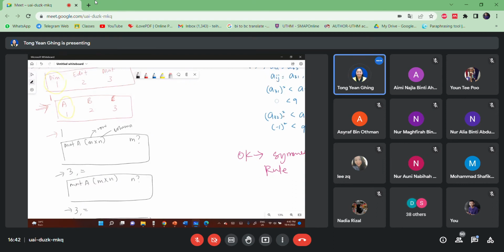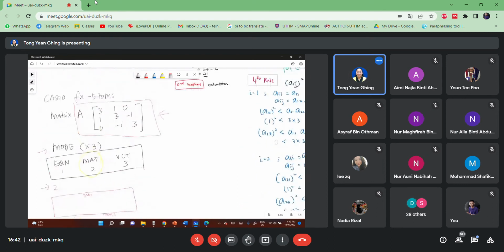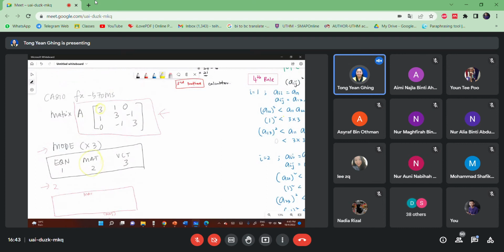A11 is this value, because this is 1,1, this is 1,2, this is 1,3, and this is 2,1, 2,2, 2,3. So you key in all the values.